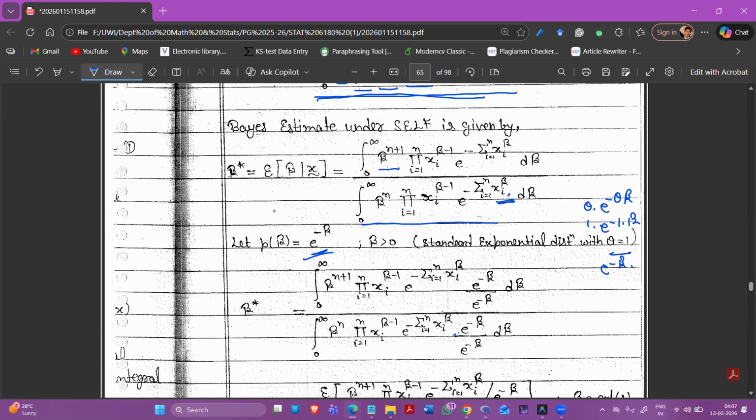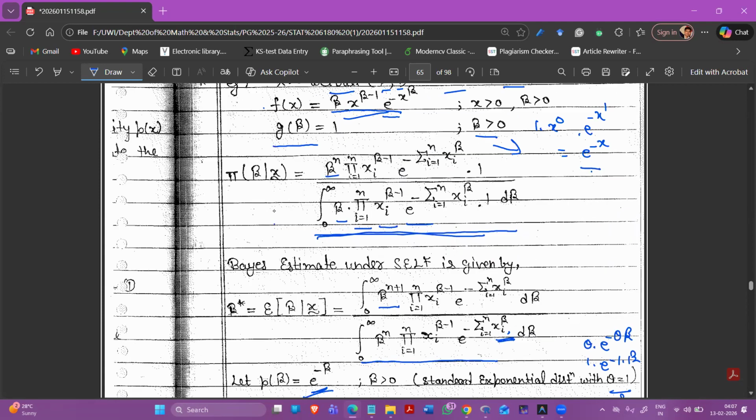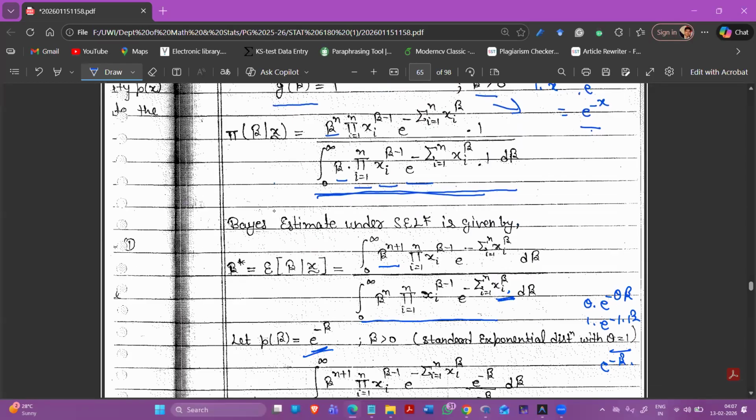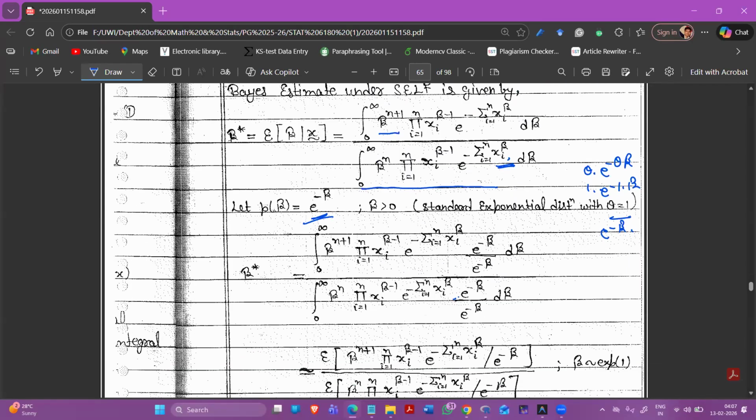And after that, because I need this form fx into qx divided by px, how will I get this one? I need to multiply and divide by e raised to the power minus beta in the numerator and denominator both, right? Because I can cancel it out, it will not make any impact.